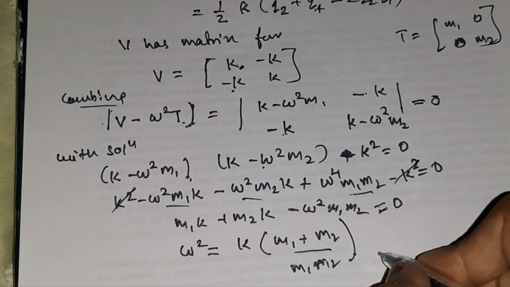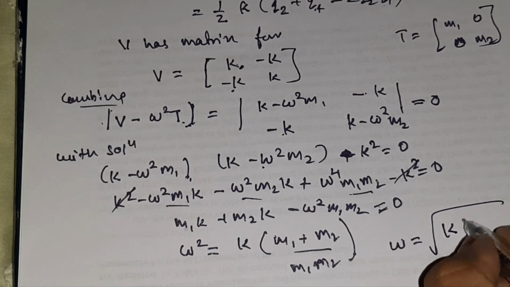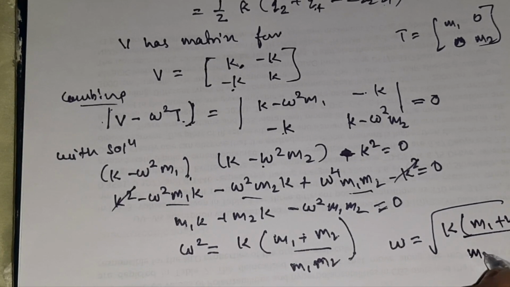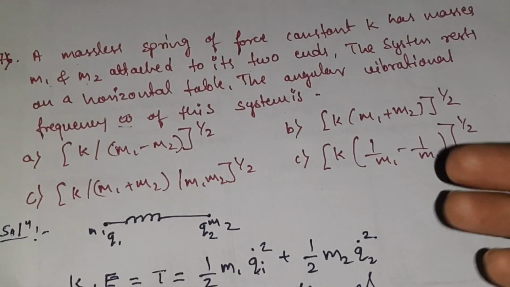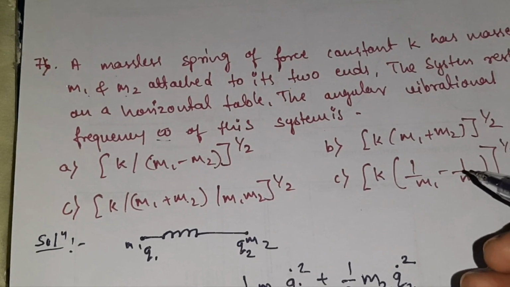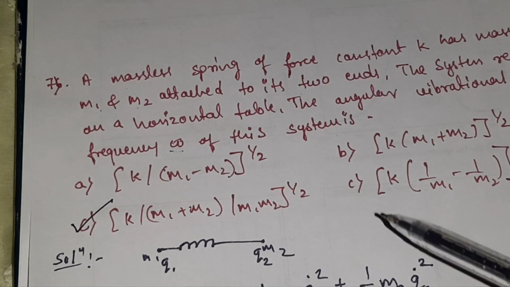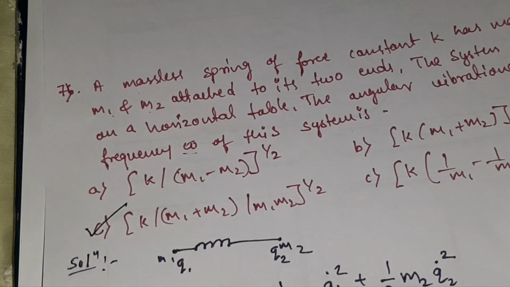If we take the root of this, we get omega equal to root of K (m1 plus m2) by m1 m2. So the correct option here is option C. This question is very important. Many times it has been asked, so try to solve this question.